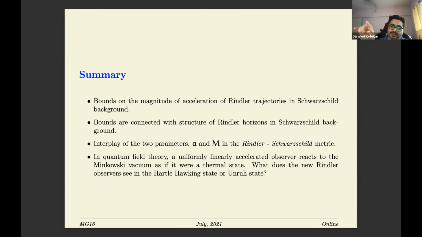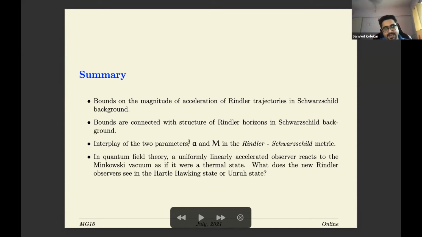So the usual Schwarzschild vacuum should look different to this Rindler wedge that we have constructed. What is the interplay between the two vacuum states? That would answer what the reduced density matrix is, and whether it has a symmetric structure again in terms of these two parameters A and M. That is the part that we would be aiming at next.